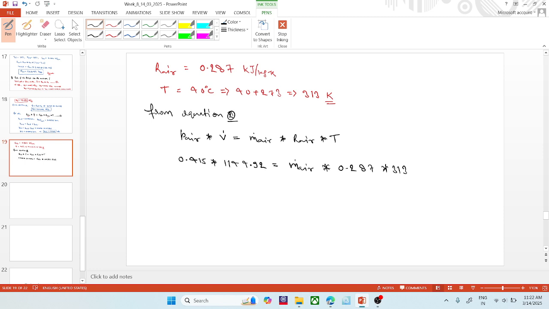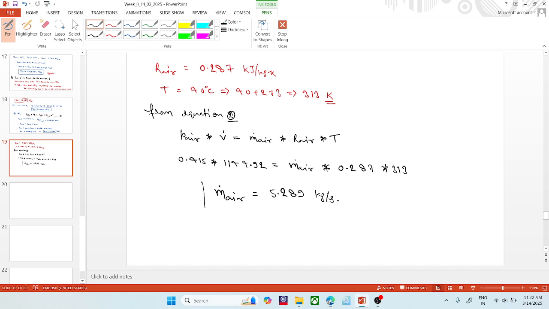So while we solve it, we will get the air flow rate of 5.289 kg per second.